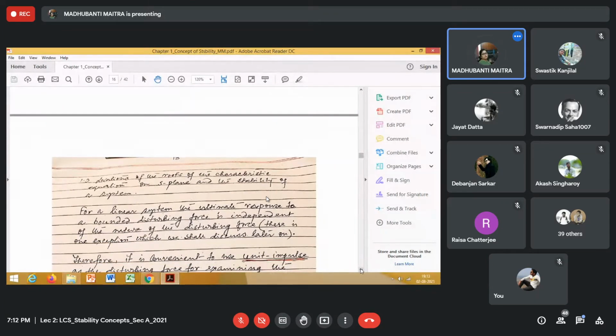Now, here we are claiming that for a linear system, the ultimate response to a bounded disturbing force is independent of the nature of the disturbing force. So, what is our claim?